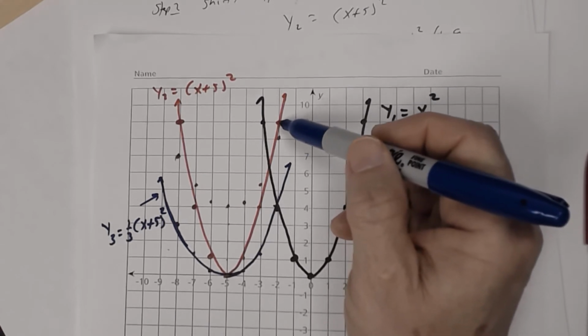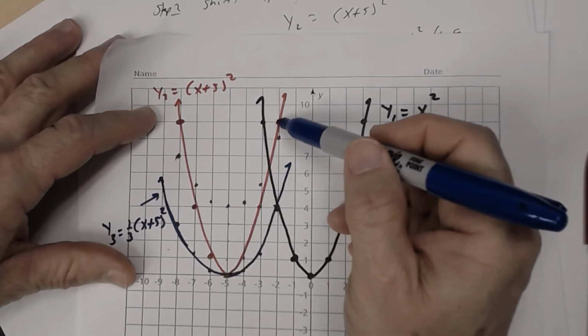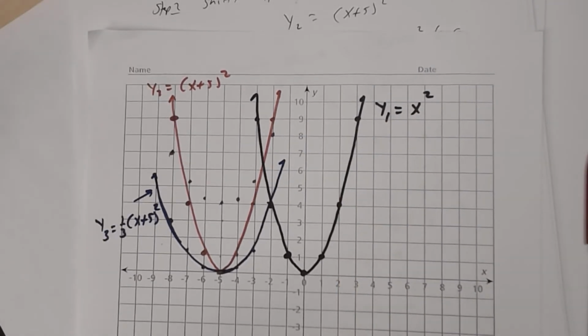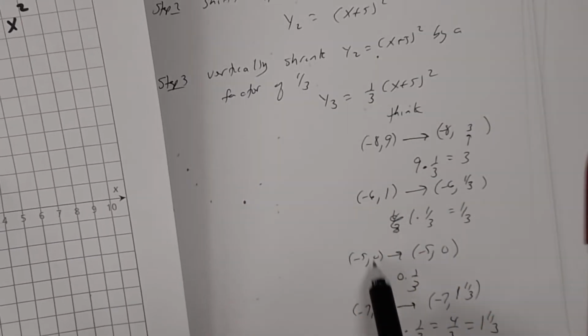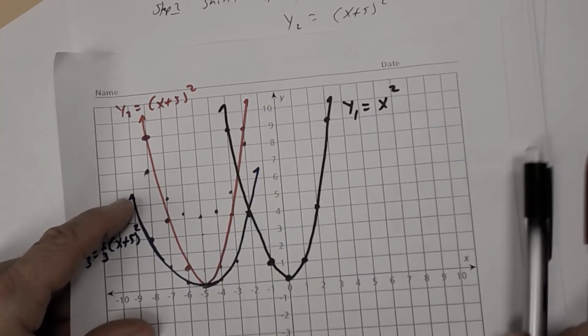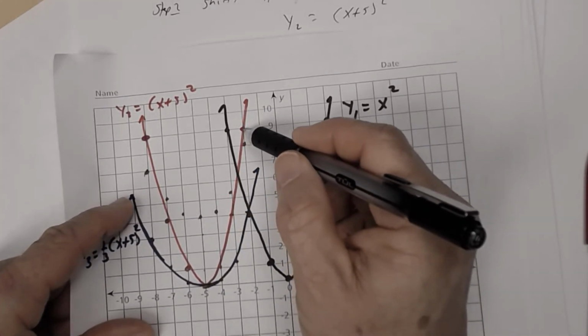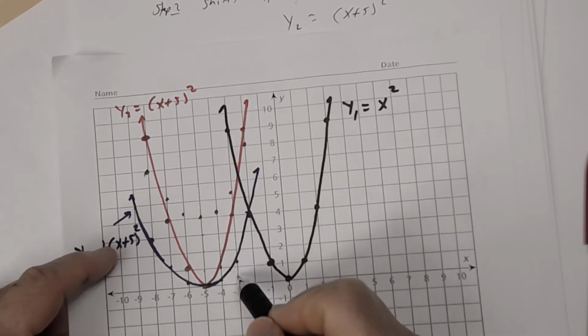It should have been 9, right? Okay, so that was a mistake I made. I can fix it right now. So this was a point negative 3, 9. And I don't think I had it anywhere. So negative 3, 9 becomes a point negative 3, 3. Oh, I did have it, didn't I? Yeah, right here.